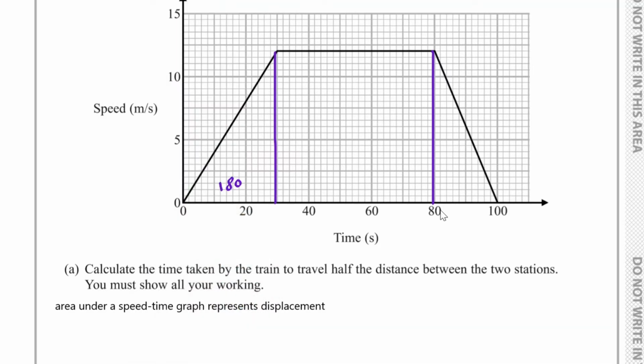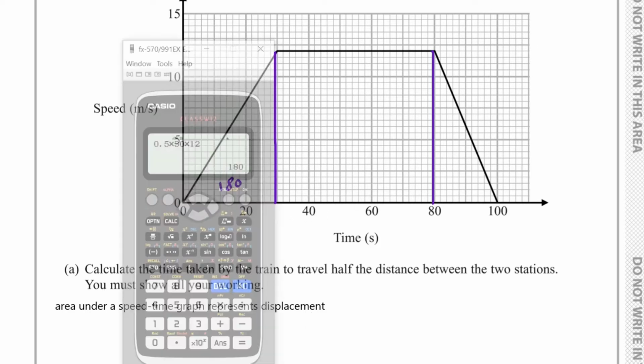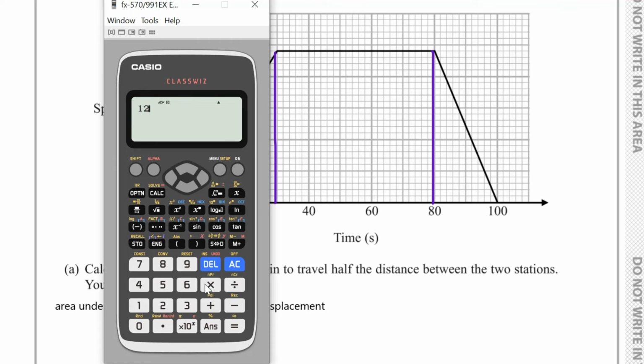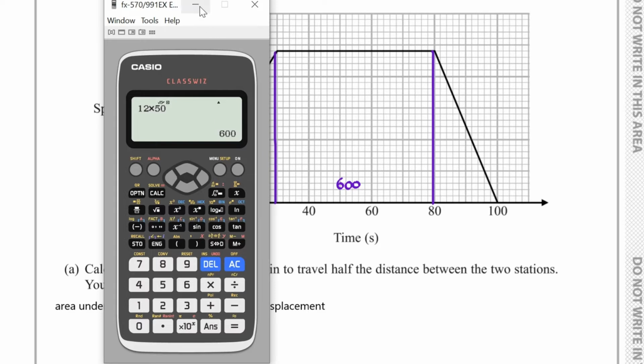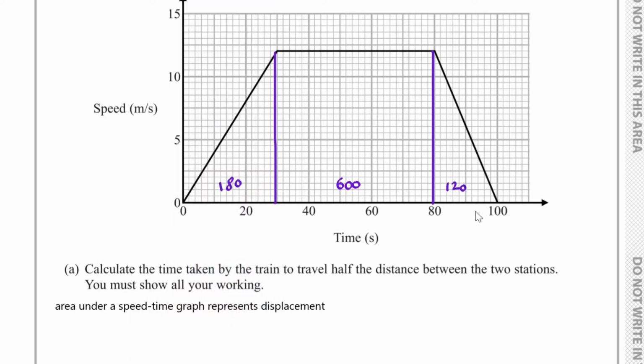Here we've got a height of 12, a base of 50, so 12 times 50, that's equal to 600. And here we've got a base of 20, a height of 12, so half times base times height. So just work that out.